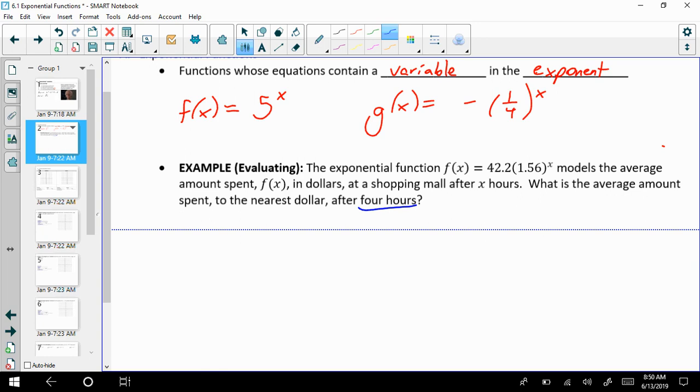So what does this want me to do? What is the average amount spent after 4 hours? And it said x was the number of hours. So I should just have to substitute 4 in. So what I'm basically finding is f of 4.